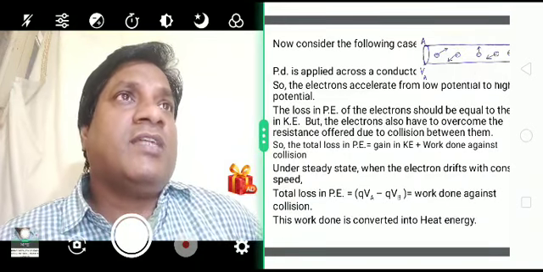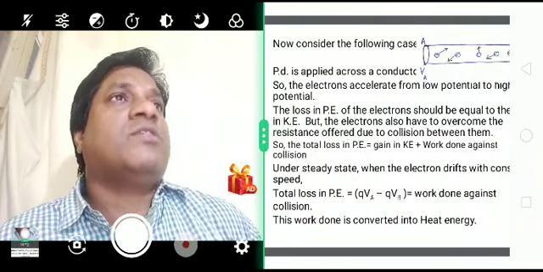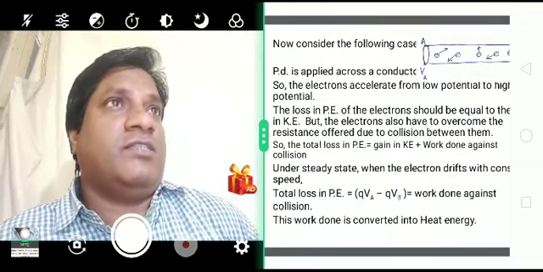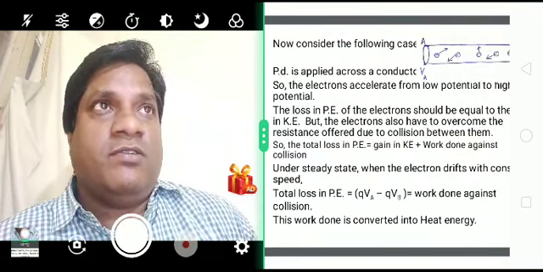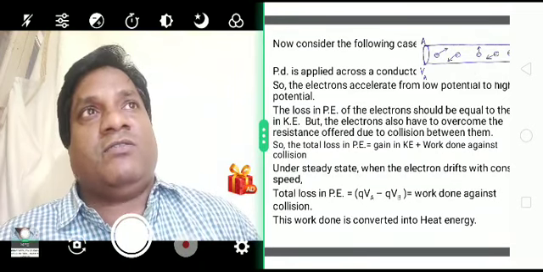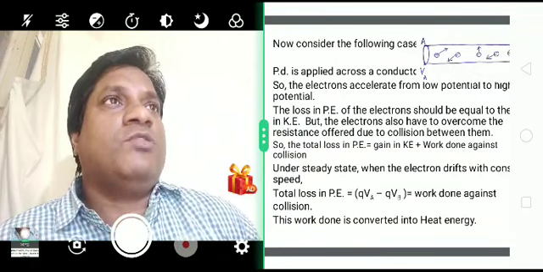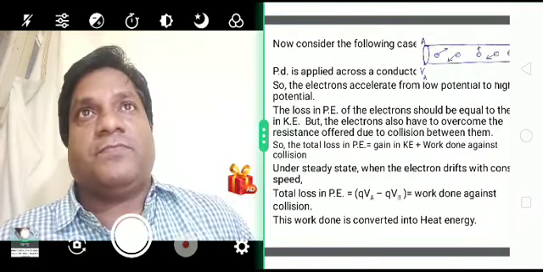There are a large number of free electrons inside the conductor which are moving randomly due to their thermal energy, and in this process they are colliding with each other. That concept we have discussed earlier. Due to this collision, the resistance appears.